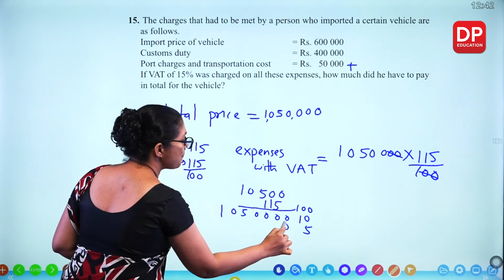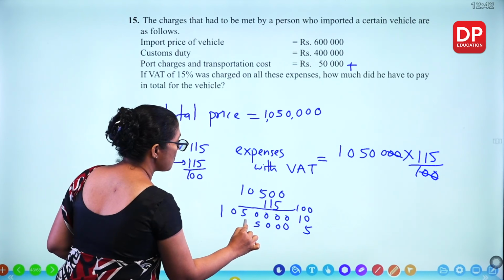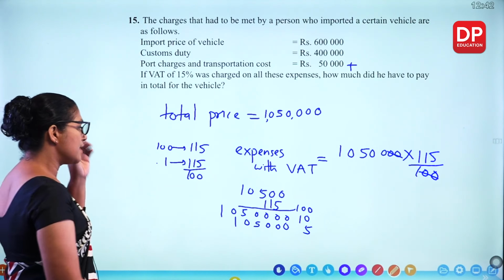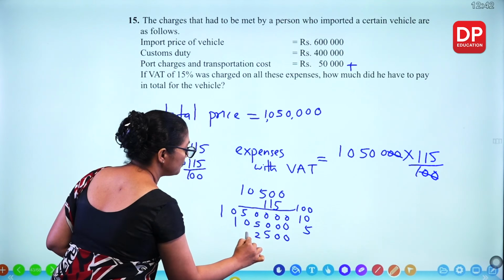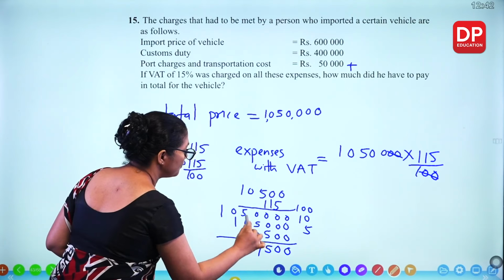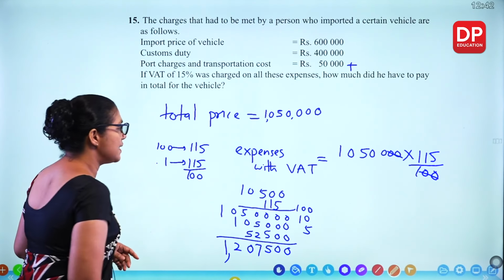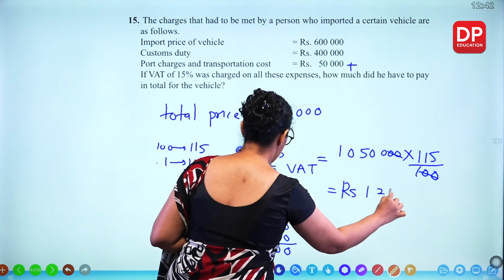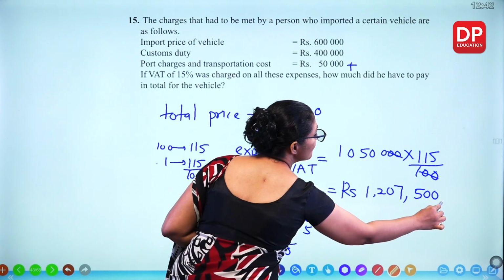Multiplied by 100, multiplied by 10, you get this amount, and multiplied by 5, and then add it together, you get 1,207,500 rupees.